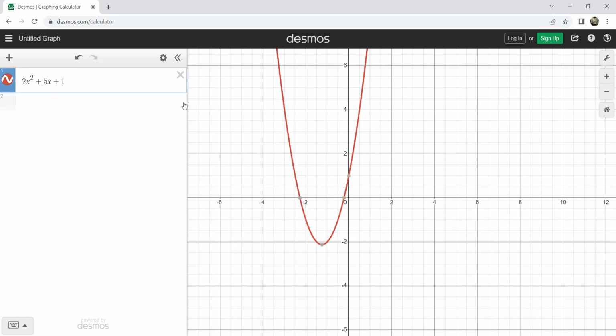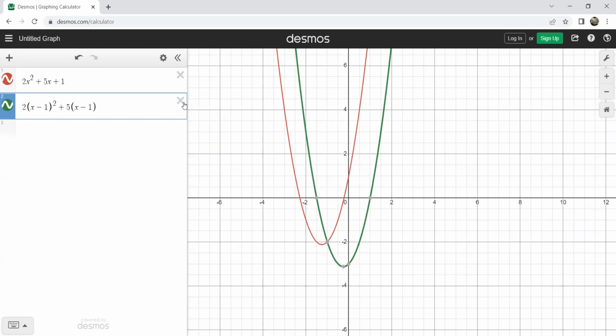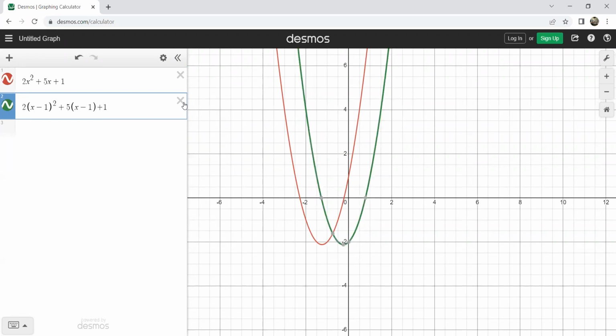Now, I'm going to make some changes to my x value. What do I mean by that? Take a look at this. I'm going to write it as 2 parentheses, and instead of x, I'm going to do a little bit of substitution: x minus 1, close parentheses, raised to the second power, plus 5 times x minus 1, close parentheses, plus 1.